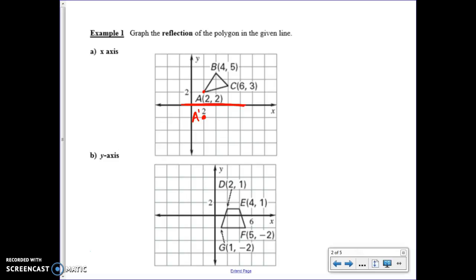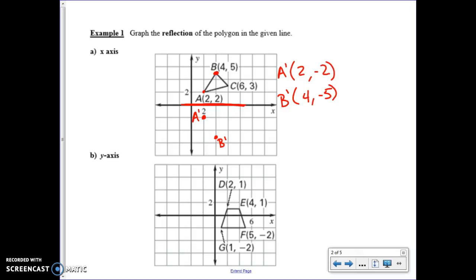Point B is 5 above, or 2.5 boxes, so we would flip it to 5 below, and that's B prime. So A prime is now at (2, -2). B prime is now at (4, -5).